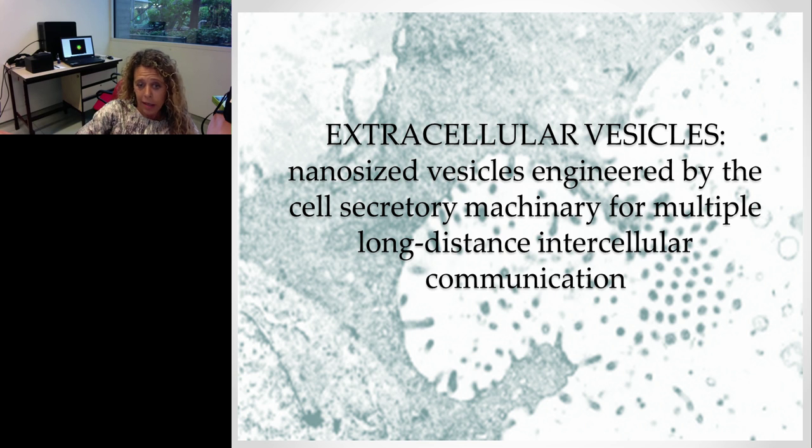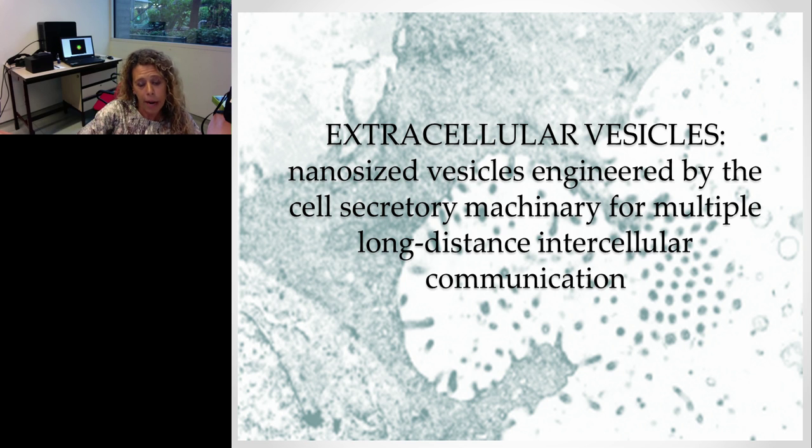So these are electron microscopy images that show you the main pathways of production of extracellular vesicles. Extracellular vesicles is a very general term that comprises different types of vesicles released by cells. We mainly divide them into small and large vesicles, depending on the size, but also in part related to the mechanism of origin.